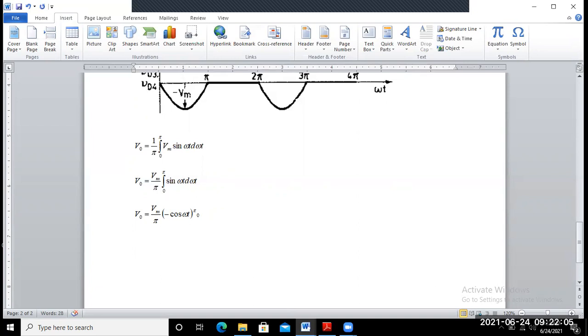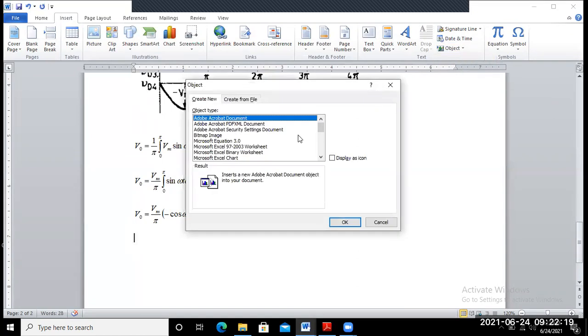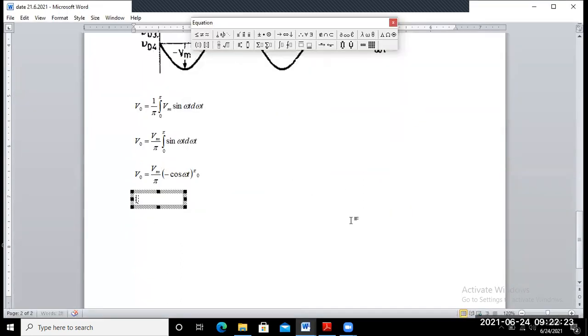So you may write here, the average output voltage V0 is equal to Vm by pi into, put the lower limit and upper limit.